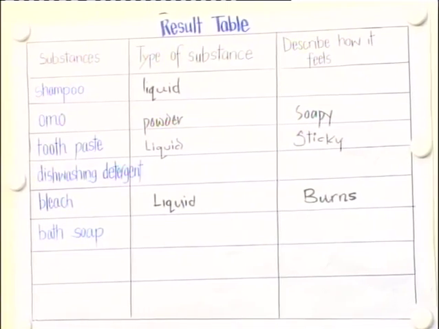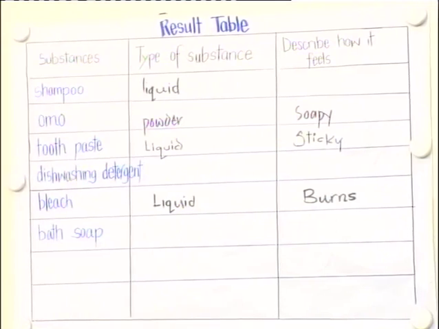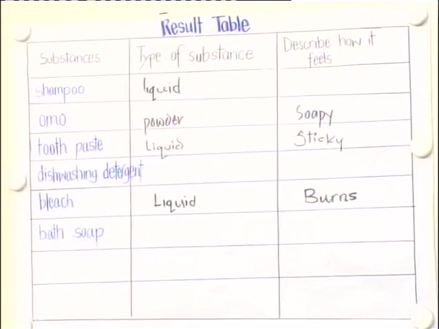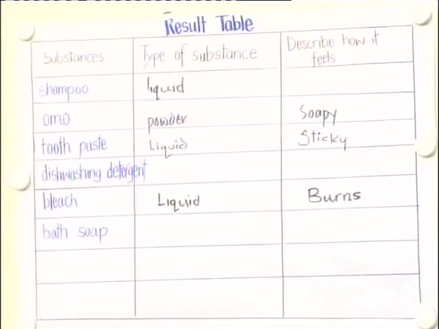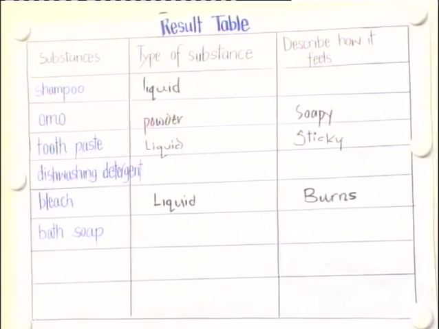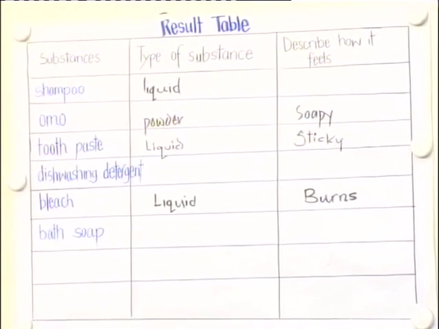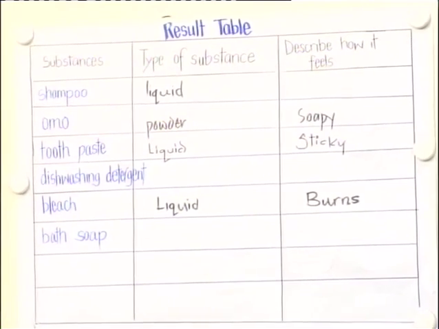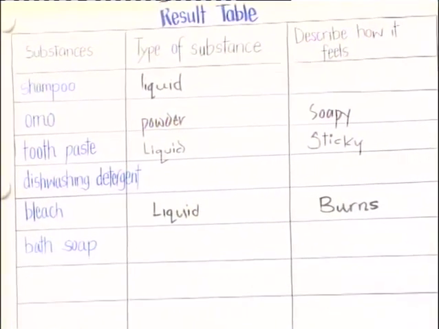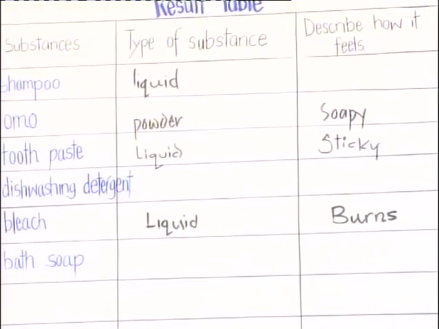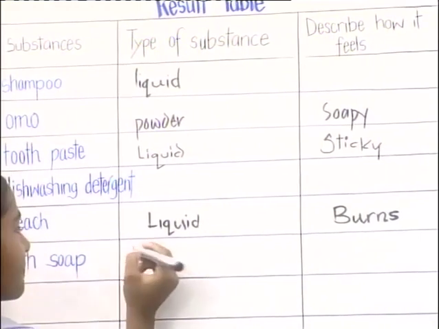Bath soap and dishwashing detergent, it can be Exion or Kuat. Or if you're using soap, that's still okay. Someone to complete the shampoo one. The last column describe how it feels. Where's the black marker? Someone go.